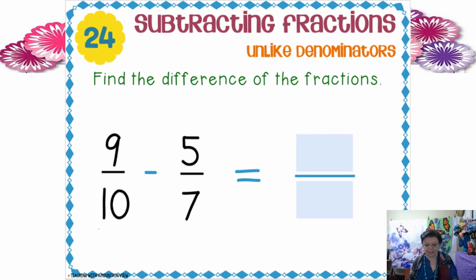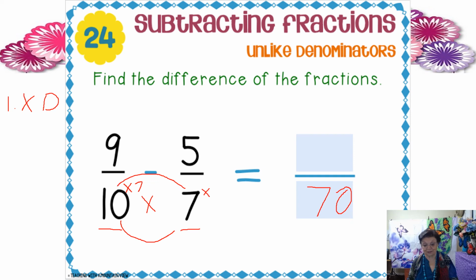And here's another one. I think this is the last one, I think. What am I going to do? Step 1. Multiply the denominators. 10 times 7. What is 10 times 7? Your new denominator is going to be 70. I multiplied this 10 times 7, and this 7 times 10.